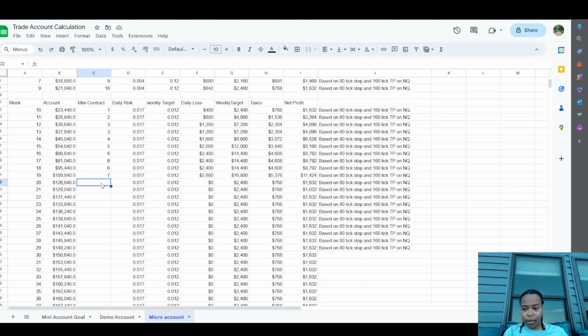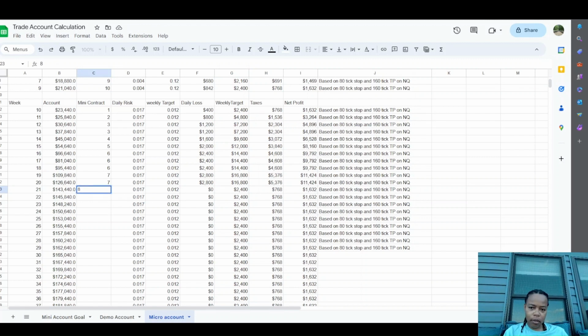I mean, damn. So I think let's stay at 7 until we get to 130. So that's 16,800. Okay. So once we get to 140, we can switch to 8 contracts.